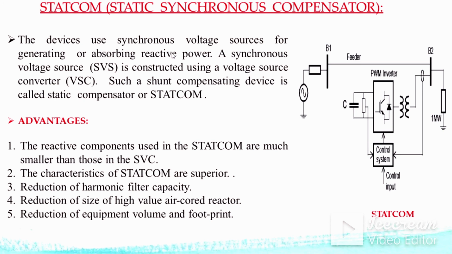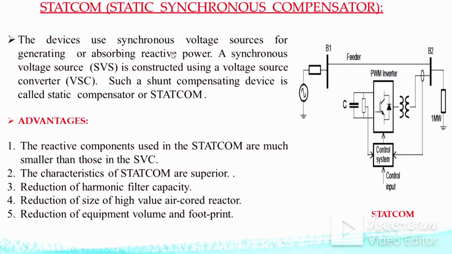In that you have the SVS, that is the synchronous voltage source, and this deploys the voltage source converter, which is VSC, and such a shunt compensating device is called the STATCOM, that is static compensator. Since it does not have any dynamic part or rotor kind of part, it is called the static compensator.